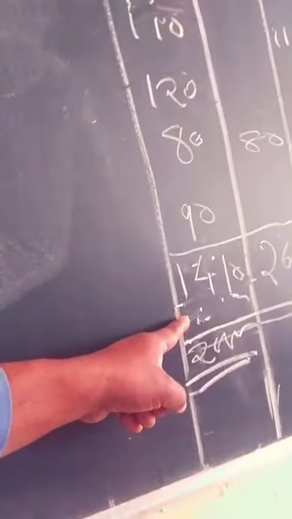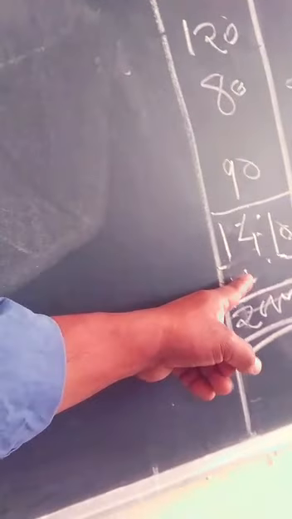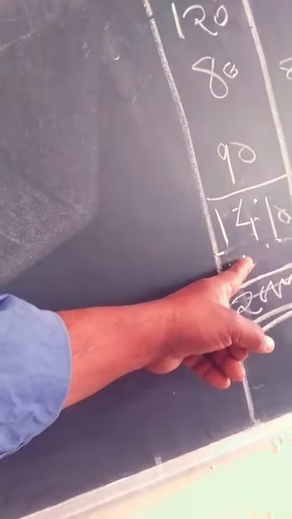Okay, you find the difference. Find the balance here between these two figures. How much amount is left? What is the balance? 590. Right here, 590. And you put here date 31st January.